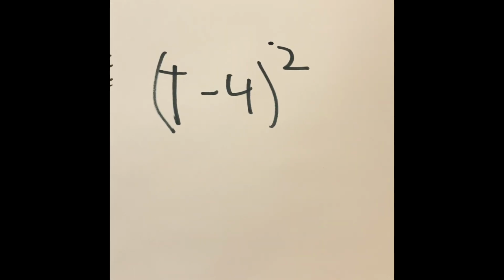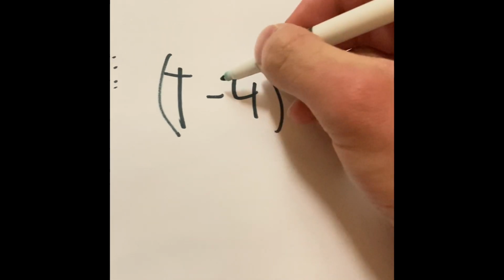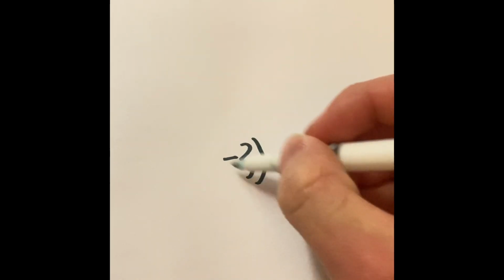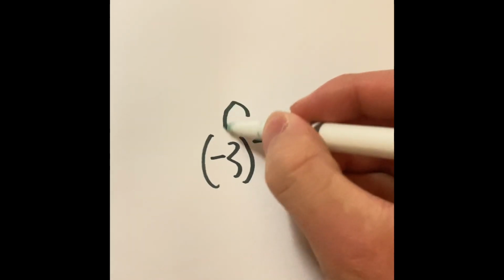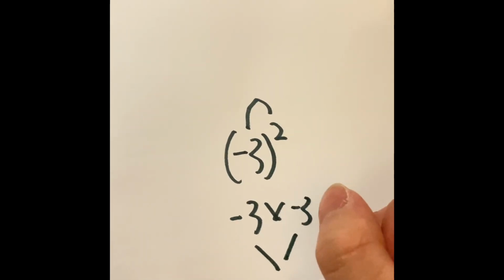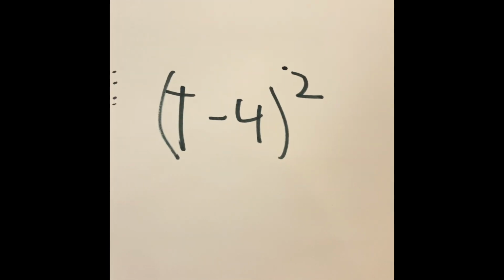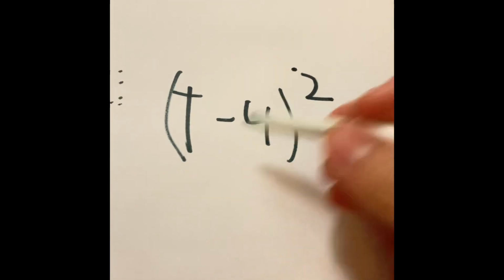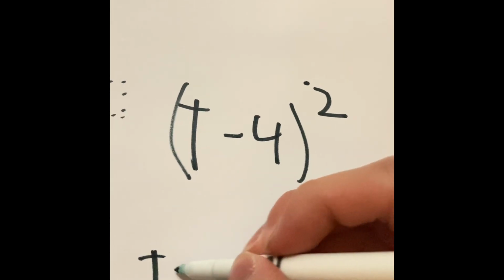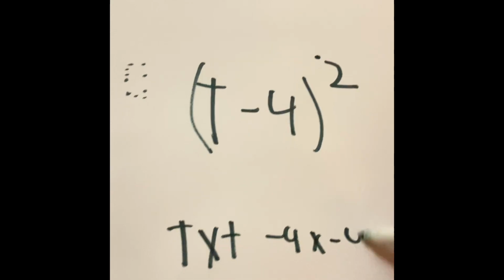Another thing people think is, if you have a square and parentheses, like (−3) squared, then −3 times −3 becomes +9. Can't you do that for this one? But actually that's not right, because you can't just do t multiplied by t and −4 multiplied by −4.